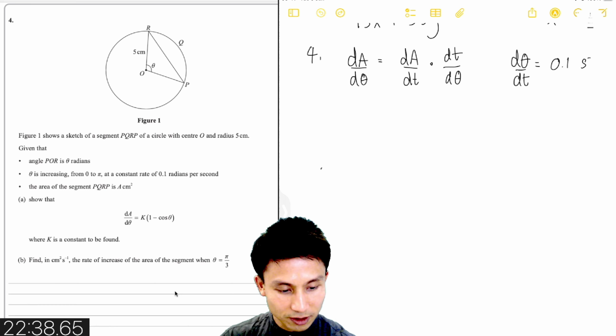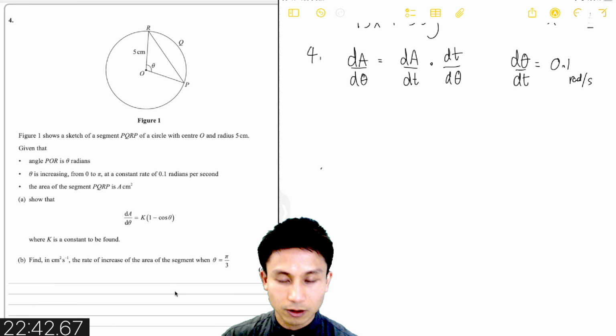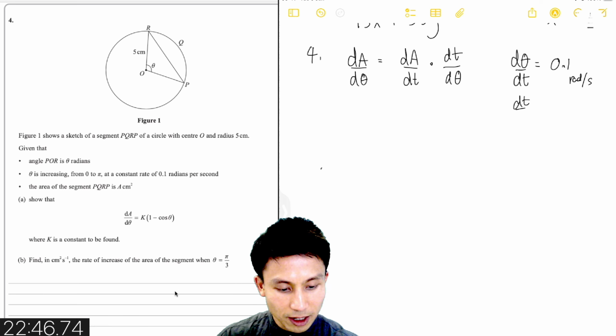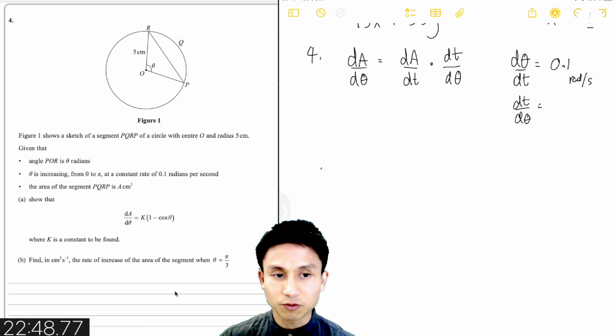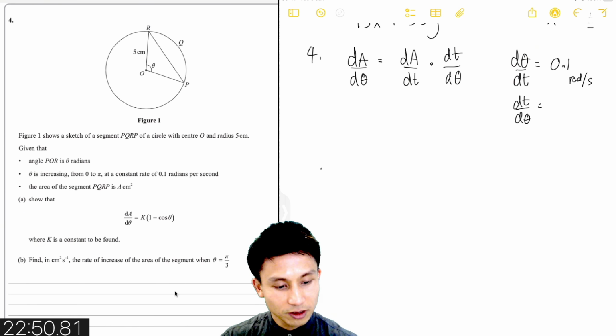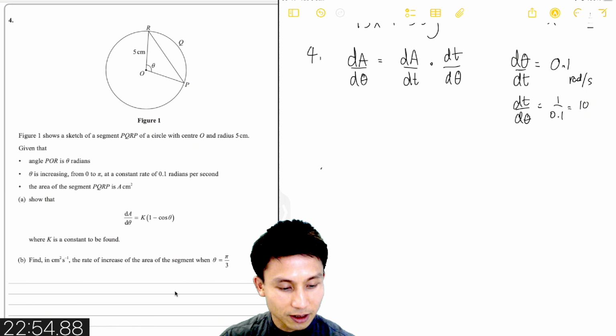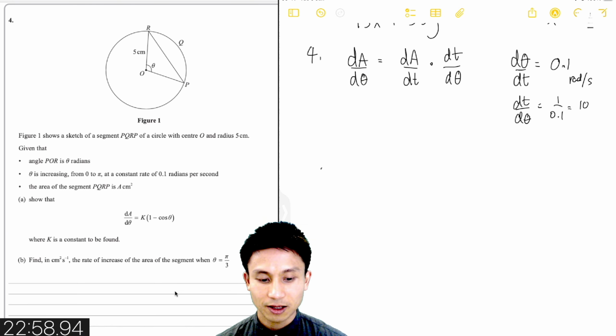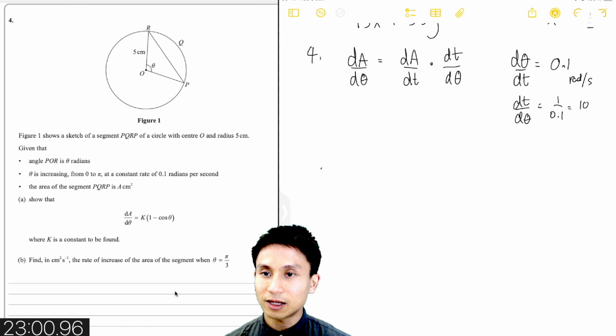Let me write that. And so if we do dt by d theta, because we need to put that in our chain rule equation, that would be 1 over 0.1, that is 10, simply. So 10 is waiting there. And now dA by d theta is dA by dt times 10.